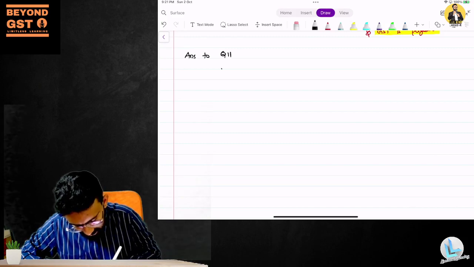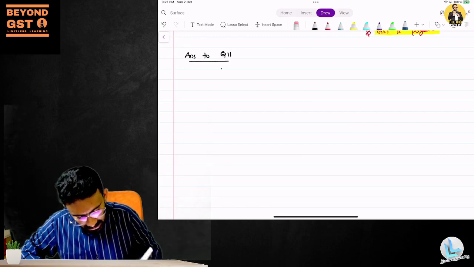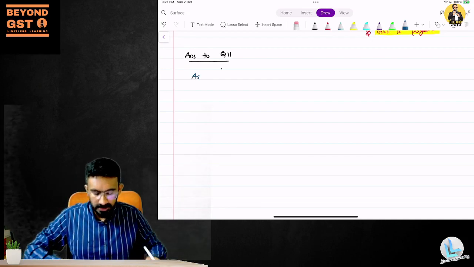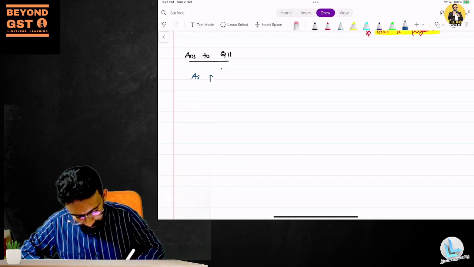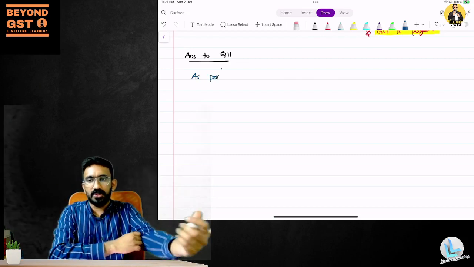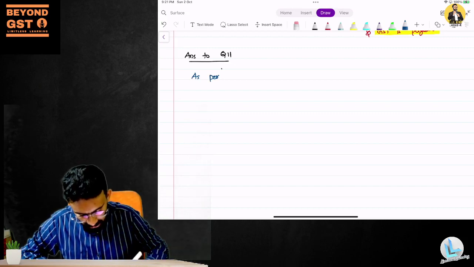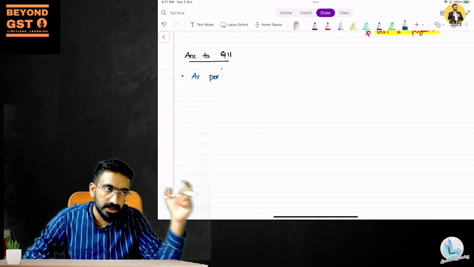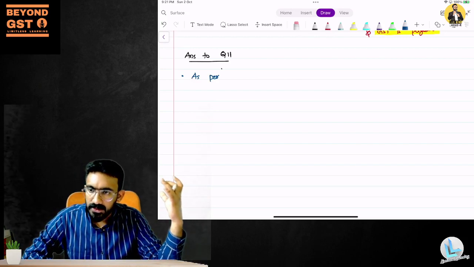Again, please write it with me. Let's write the provision. So first we have three paragraphs. First paragraph would be provision of the law. Please write again. When you're writing, you're thinking about the provision, so that if this question comes in the examination, you will be able to recollect it.